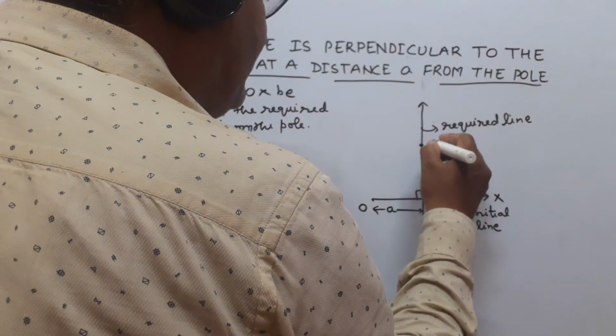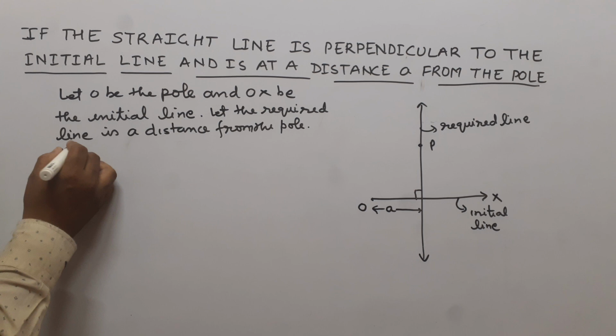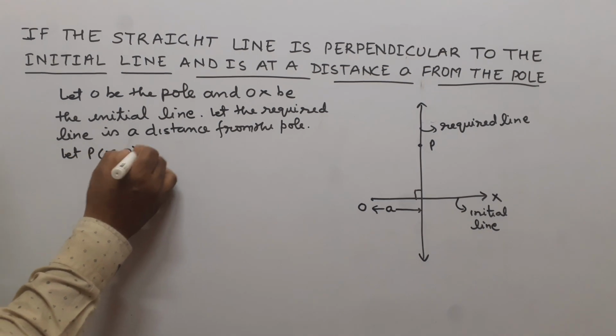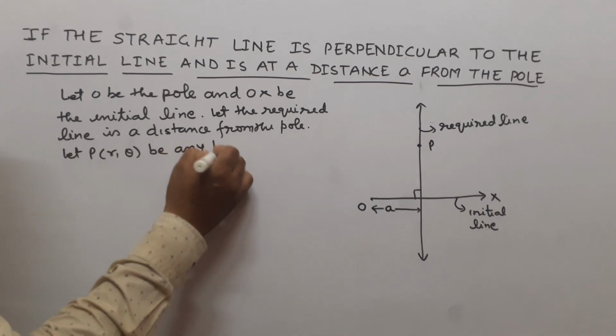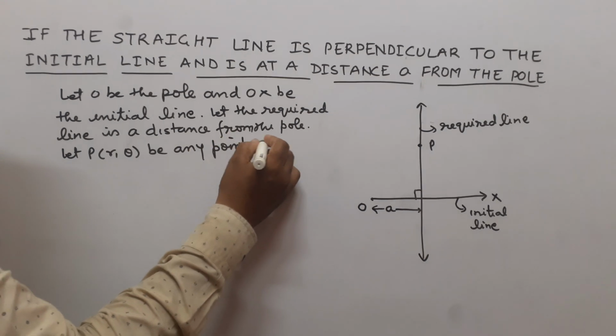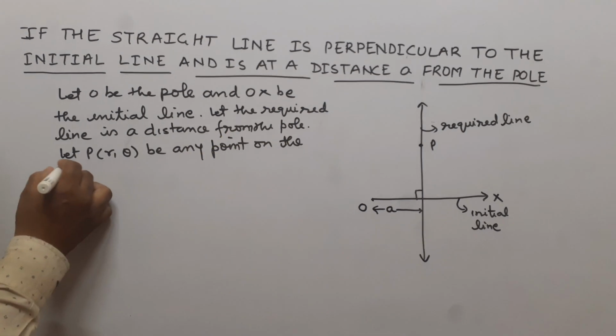Let's suppose that P be any point. Let P(r, theta) be any point on the required line.